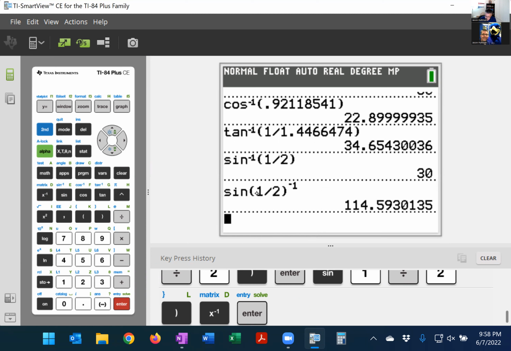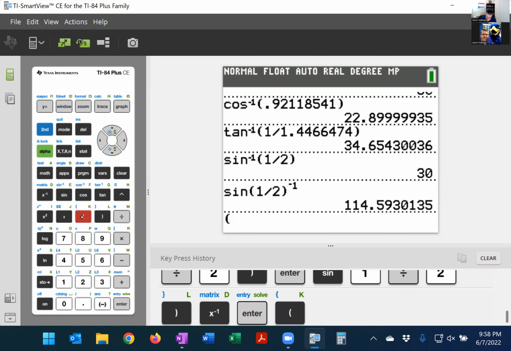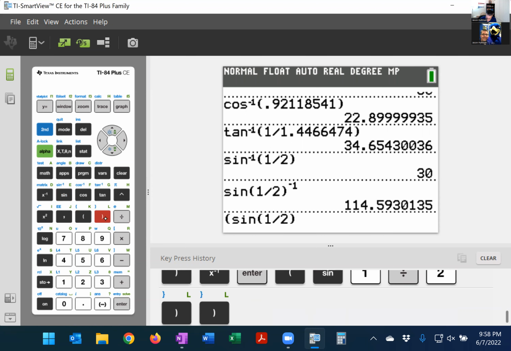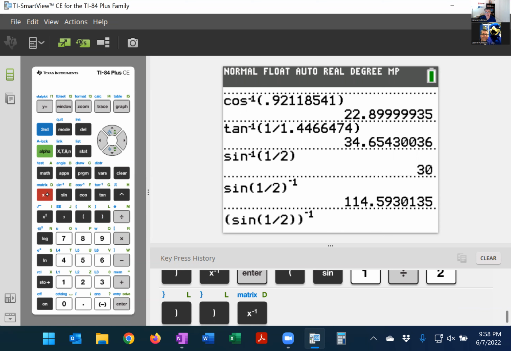And that actually gives me something different than if I did this too. So if I do this in parentheses, and I do the sine of 1/2, and then do a parentheses and then the -1, now this is the cosecant of 1/2.